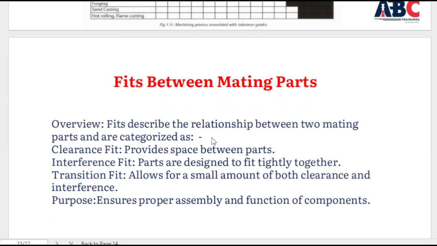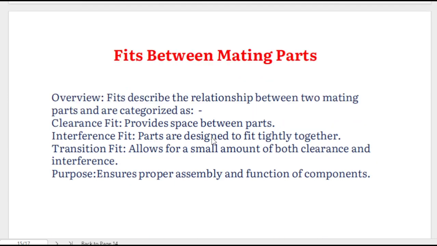Next topic is fits between mating parts. Fits describe the relationship between two mating parts and are categorized as follows: first is clearance fit, second is interference fit, third is transition fit. Clearance fit provides space between parts.